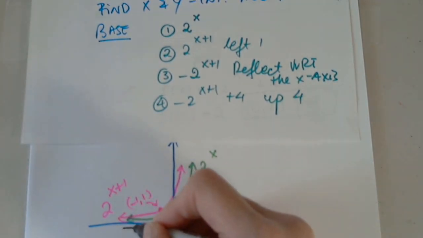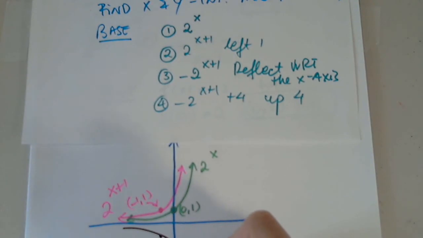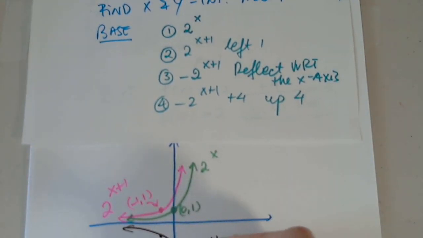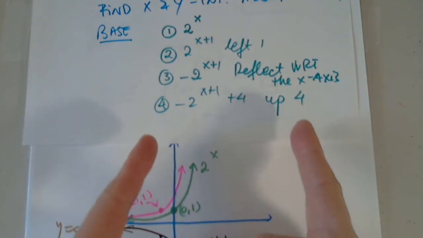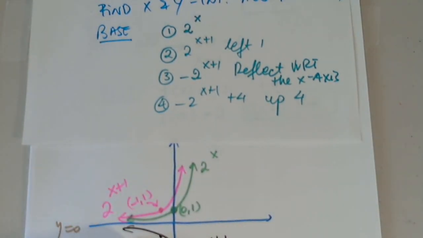And the graph is this. So this is the graph of negative 2 to x plus 1. I haven't talked about the horizontal asymptote because all these 3 graphs had the same horizontal asymptote at negative infinity. But now the final step asked me to move this graph up 4.